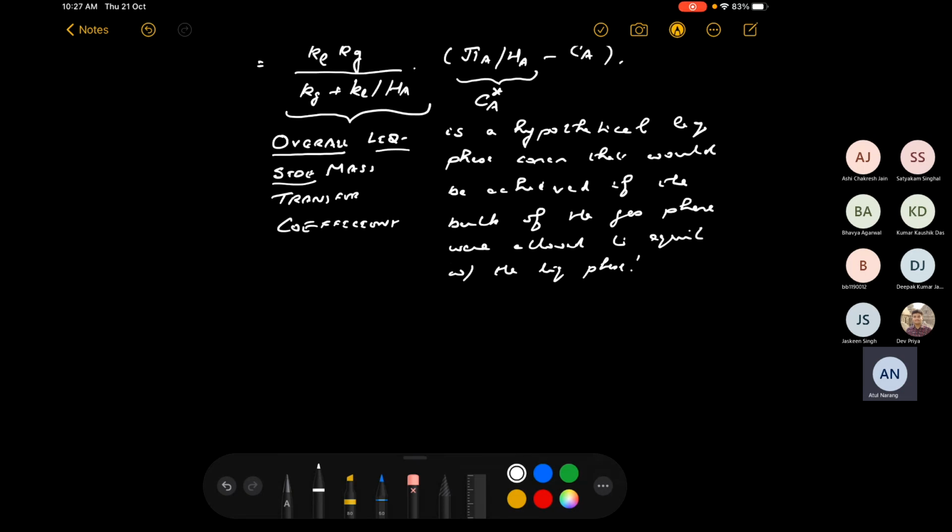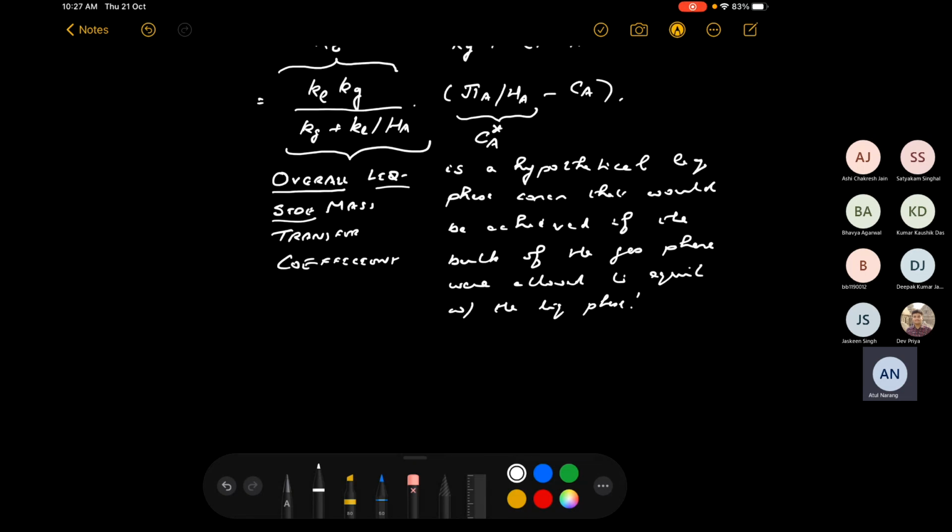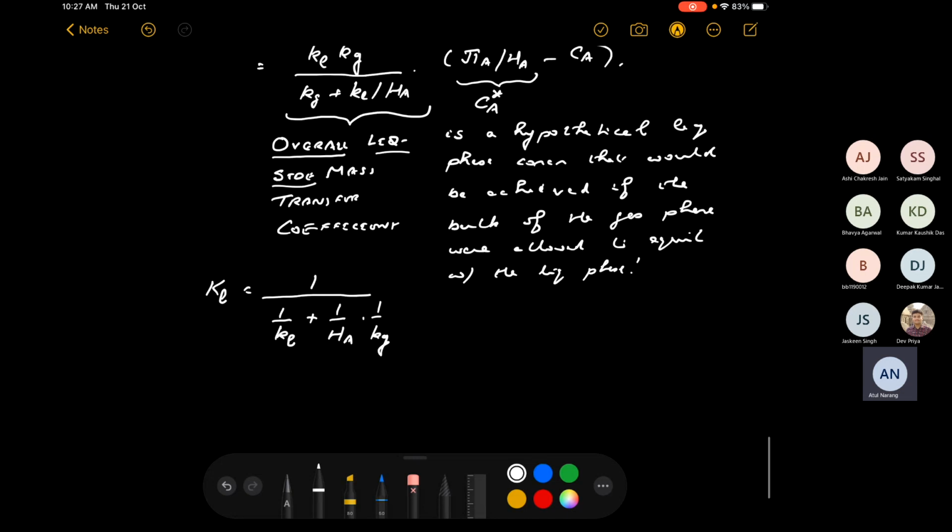And you can see that capital KL, if I divide both the numerator and the denominator by kL kg, can in fact be written as 1 divided by 1 over kL plus 1 over HA kg. Okay, this is the expression for the overall coefficient.